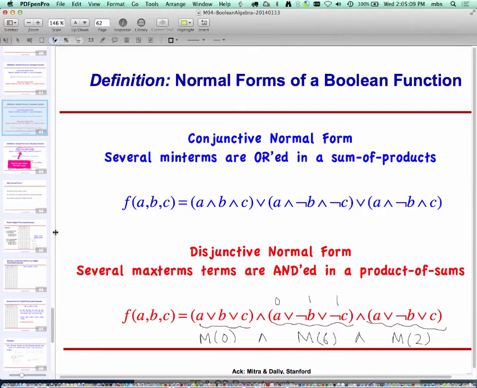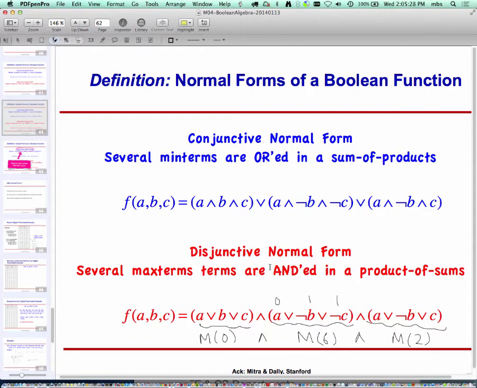If you recall, when we had discussed the max term definitions, the M0 term is the bottommost row, and it kind of counts up.